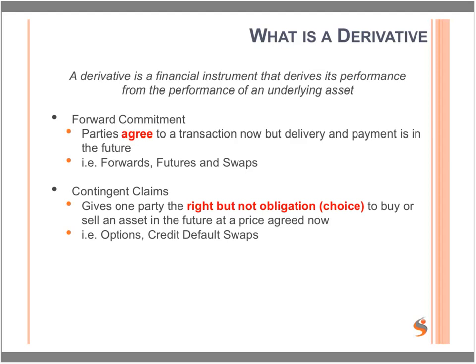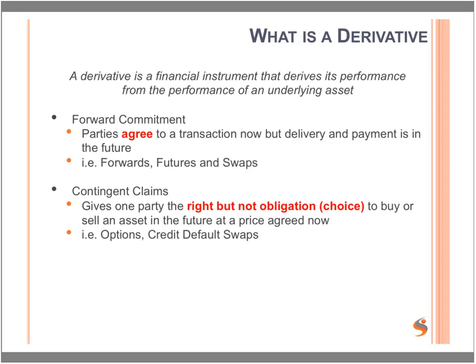A forward commitment is when we agree to a transaction now, but delivery and payment is in the future, and we are locked into that. We must either buy or sell in the future according to the contract, the quantity we agreed at the price we agreed at the time we agreed. There is no flexibility. The types of forward commitments are called forwards, futures, and swaps. You will find the definition of those in the reading 56.